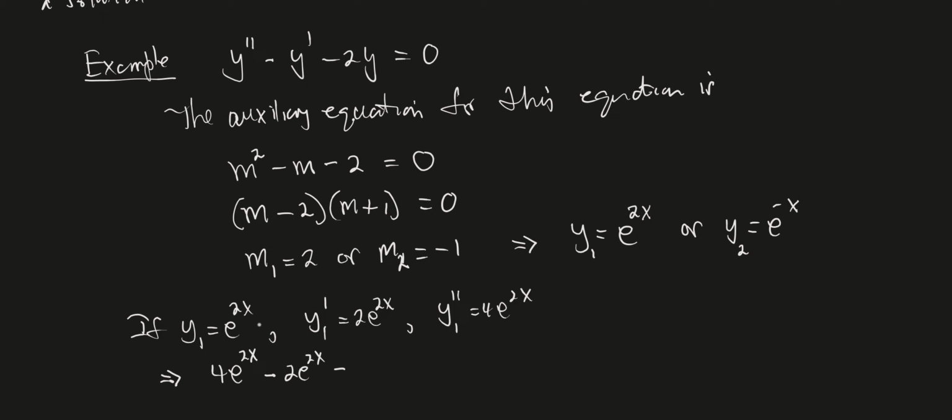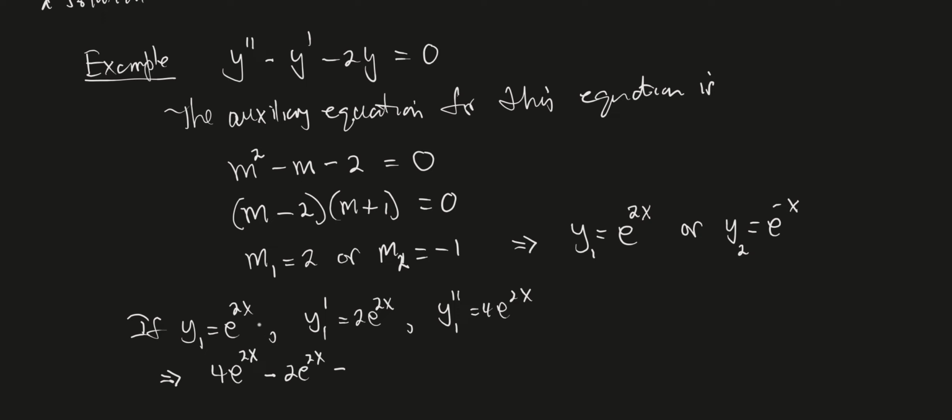So if I take my second derivative, which is e to the negative x, and then minus the first derivative, which is negative e to the negative x, and then minus 2 times my original function, my original y2, that's e to the negative x.